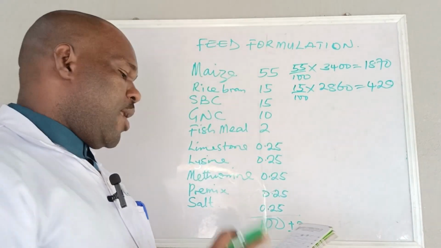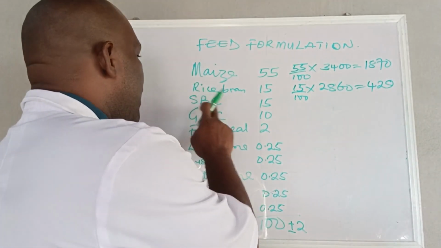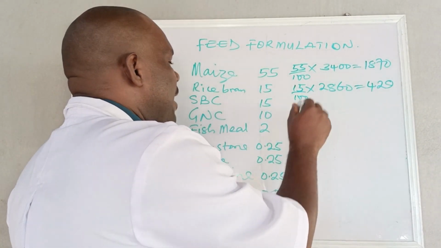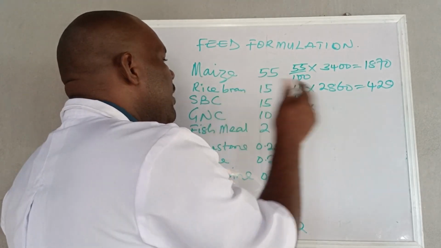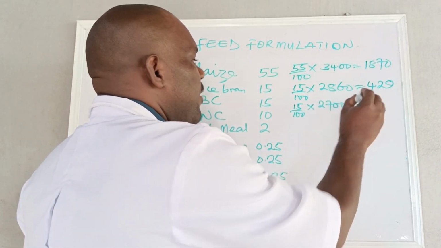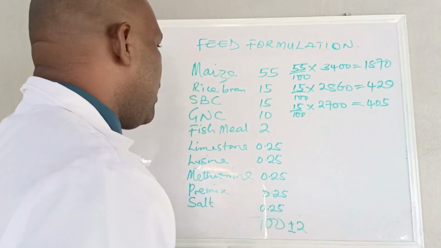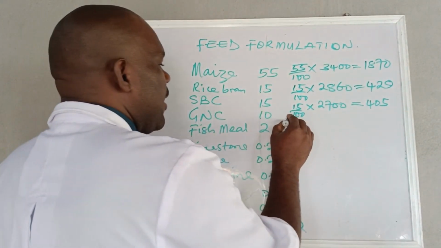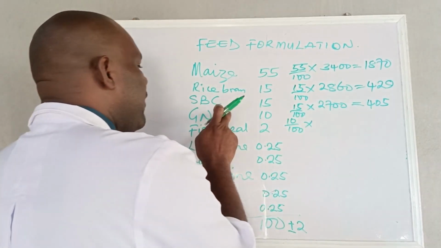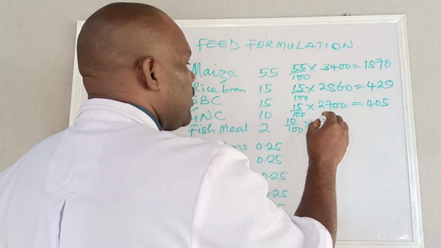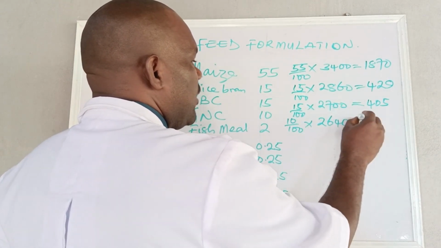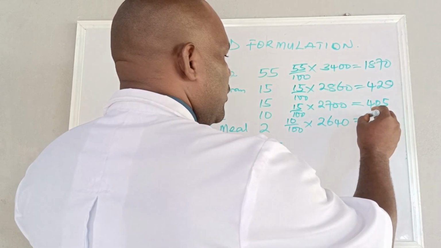Now, soya bean cake: 15 over 100 times the energy value of soya bean cake, which is 2,700, and you will have 405. Then groundnut cake: 10 over 100 times 2,640, and that will give you 264.